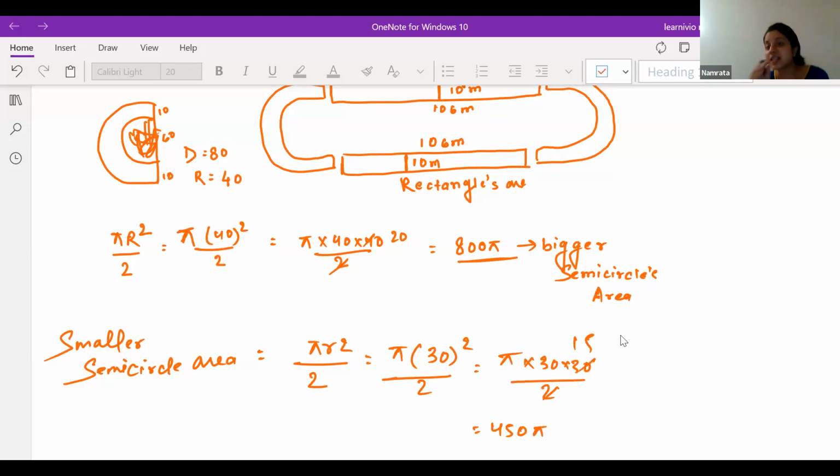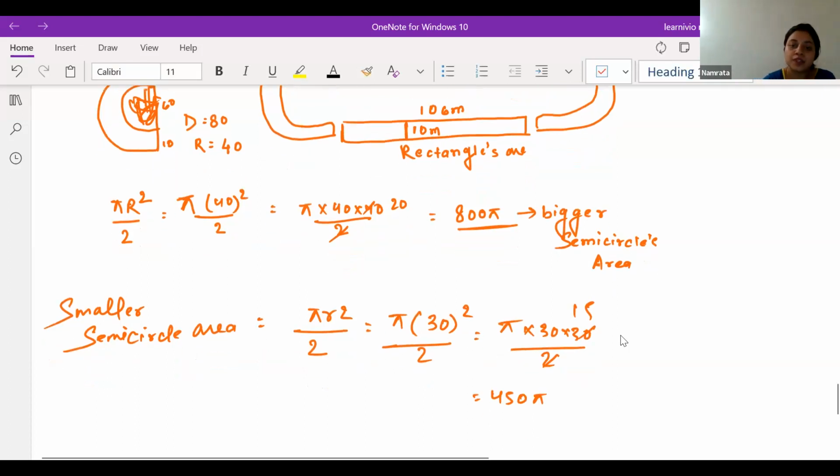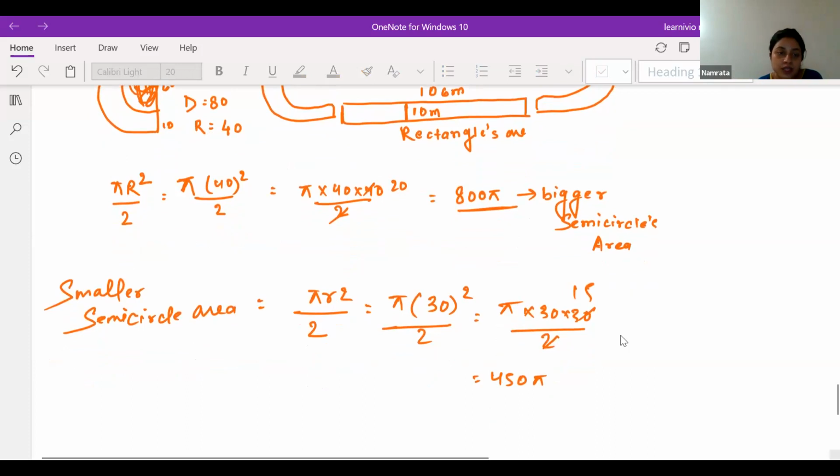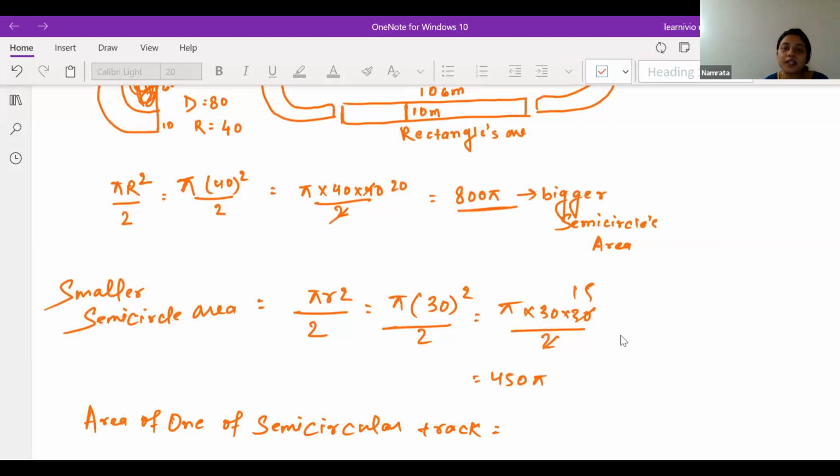Now, as I have shown you, we have to do the subtraction. From the bigger one, we take out the smaller one and we are left with a ring kind of structure. So the area of one semicircular track is equal to the bigger area, that is 800 pi, minus the smaller area, that is 400 pi.